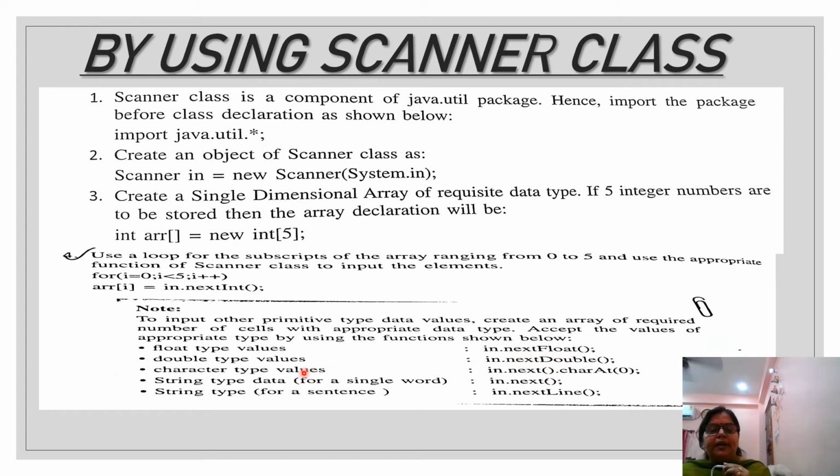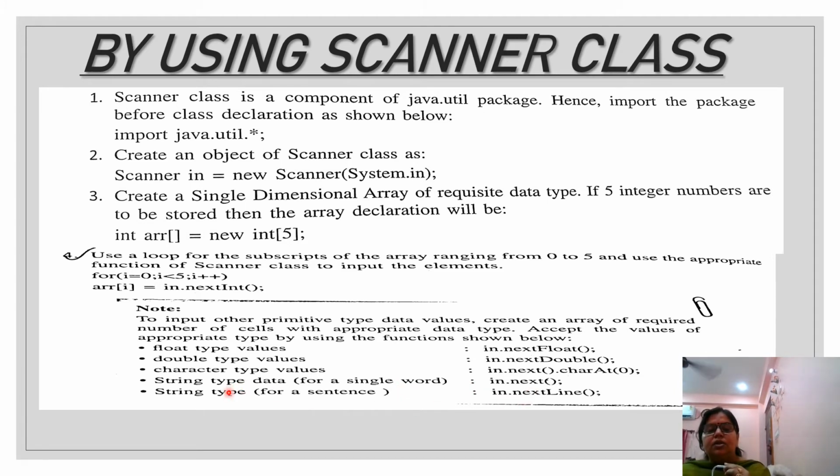But pay attention to the character. For a character we use in.next().charAt(0), meaning whatever character you get at the 0 position, that is your character. In string type, when we use a single word, suppose Ram, it is a single word, and it will be in.next().